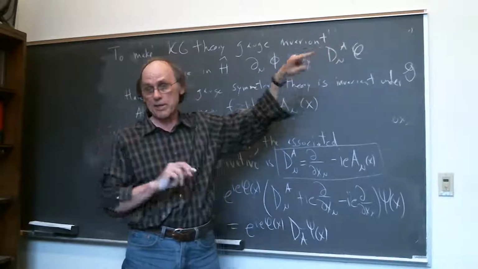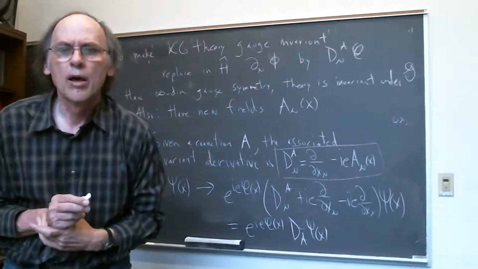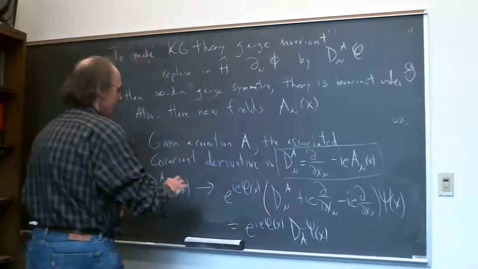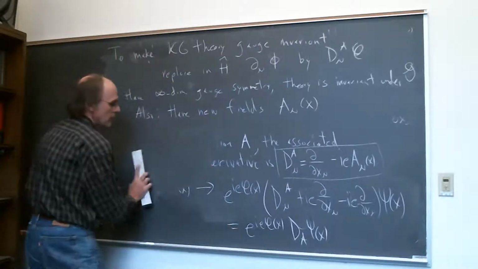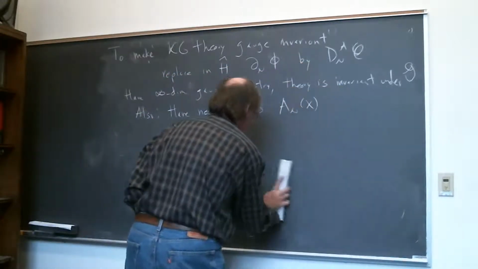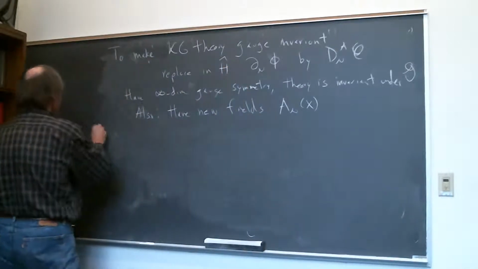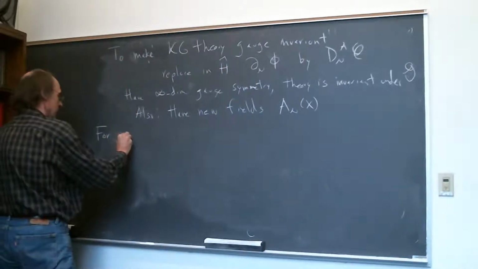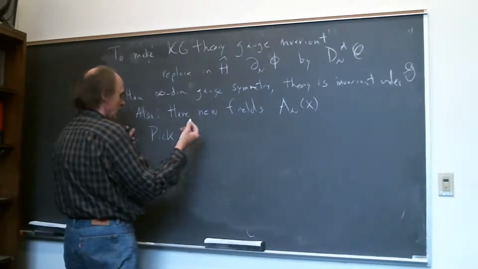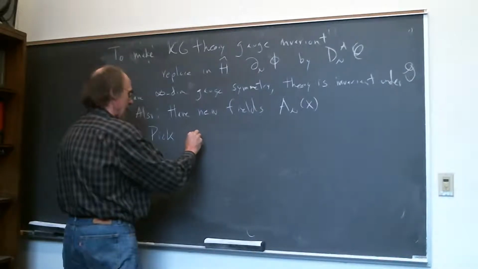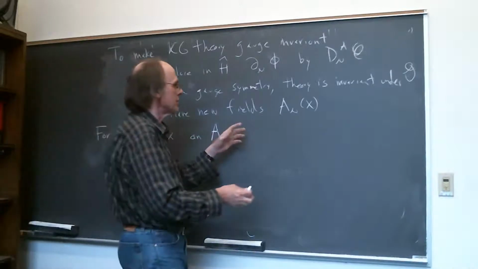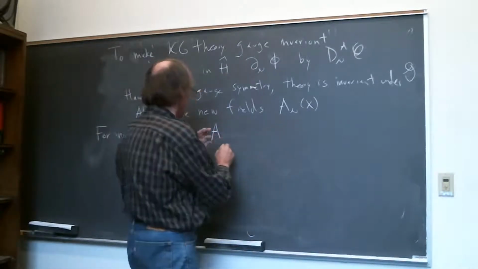which is also a field that depends upon x. How would you determine the A? Okay, yeah. So for now, we just pick an A, and you're picking A_mu of x.